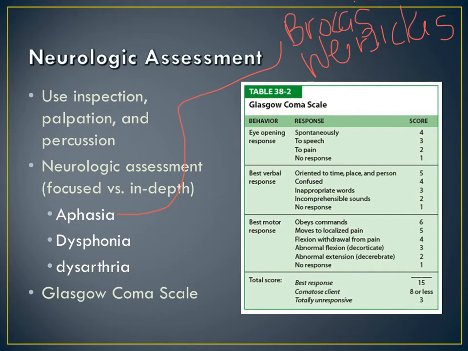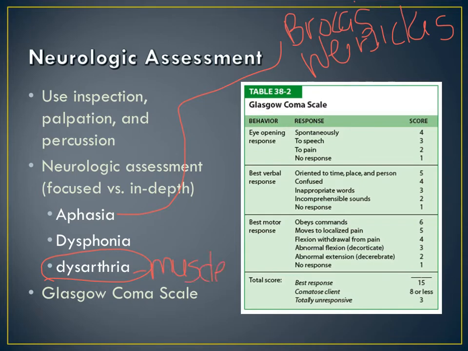Other terms that you guys have to be aware of are often used interchangeably with aphasia, but they are different. For instance, we have the word dysarthria, and this is actually a motor speech disorder, where there are issues with the muscles that are needed to produce speech.